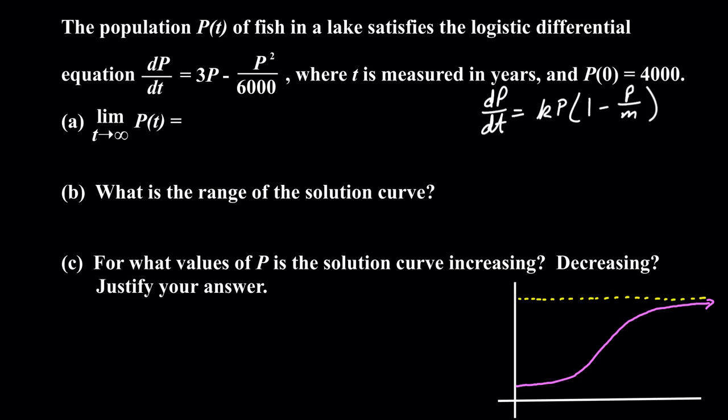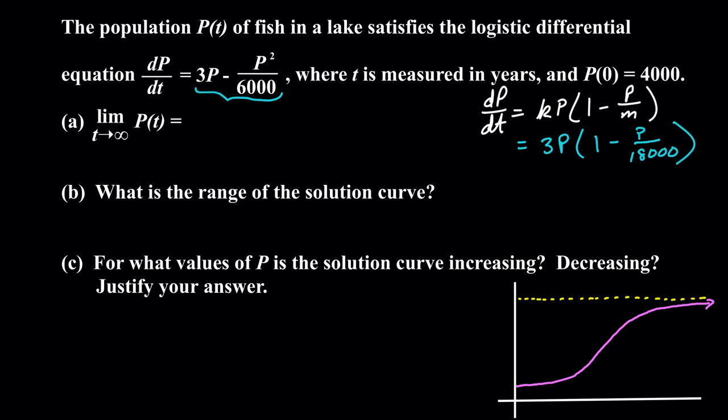So what we want to do is try to get this equation into this format right here, because if we can do that, then we can determine what M is, which is your carrying capacity. We can do this by factoring a 3P out of this problem. If you factor 3P out, what that's going to leave you with is 1 minus P over 18,000.